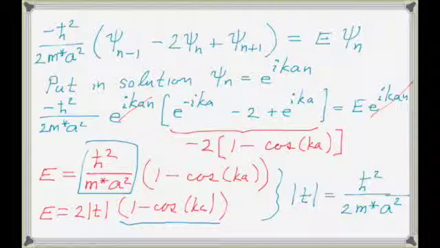So we can look at some limits. Let's look at the limit as k goes to 0 or a goes to 0. So if we look at E in the limit that either k goes to 0 or a goes to 0, where a is your lattice spacing or your discretization length, what's going to happen?